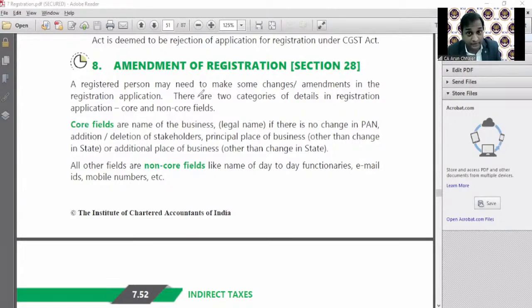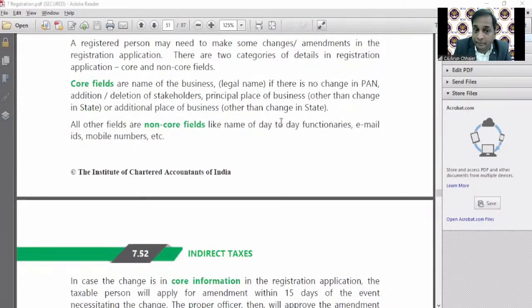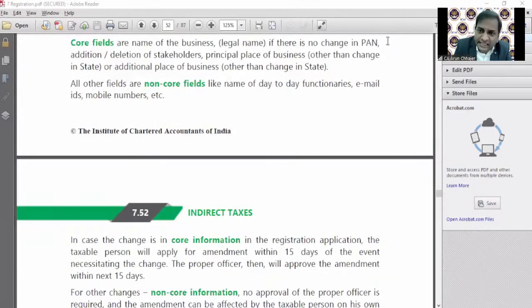We'll ask the question, but suppose legal name, addition, deletion of the stakeholder, principal place of business, additional place of business, etc. Then I have to apply the amendment, and the amendment would be in the core field. And any other amendment like email, mobile number, etc., that would be the non-core amendment.